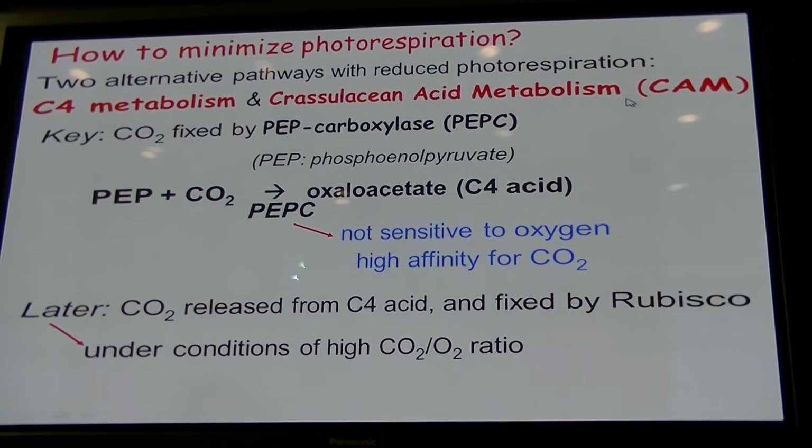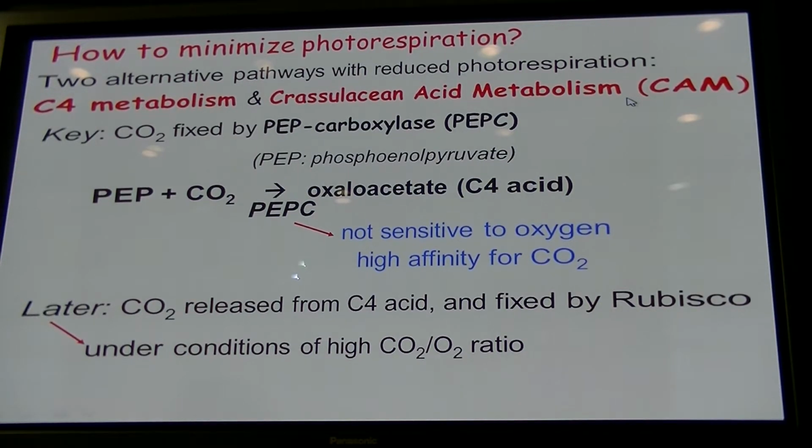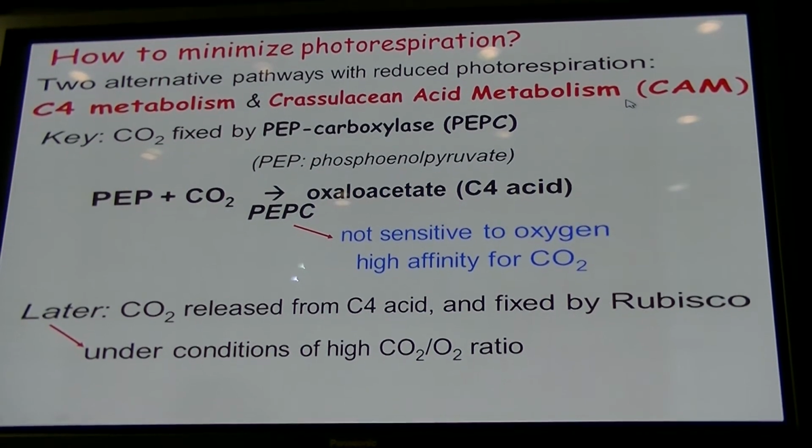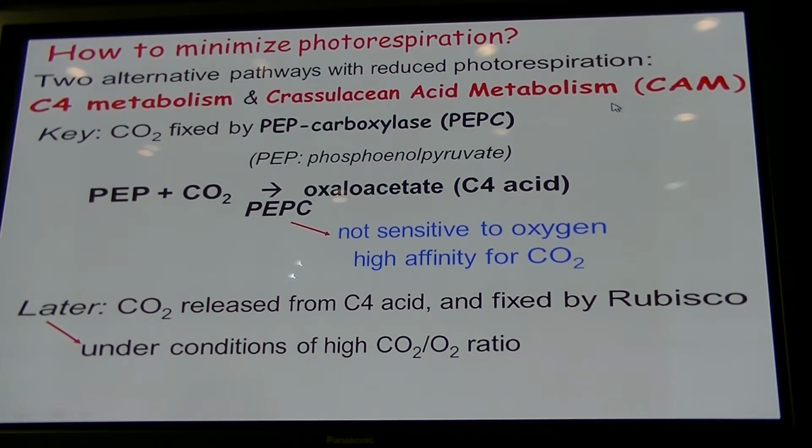In the CAM plants, in the cacti, what happens is a separation not in space but in time, where the initial fixation by PEP carboxylase is in the night, when it's cool and the stomates can be open, we don't lose water. And in the early morning, and in the day, that CO2 is released and it's fixed by Rubisco.